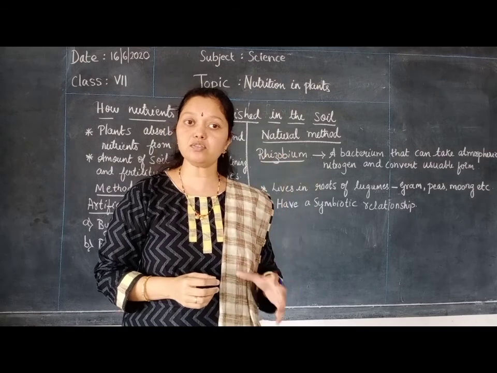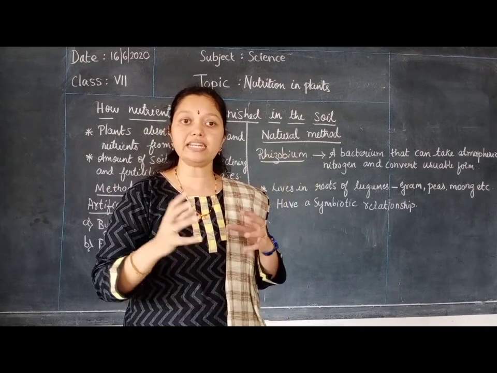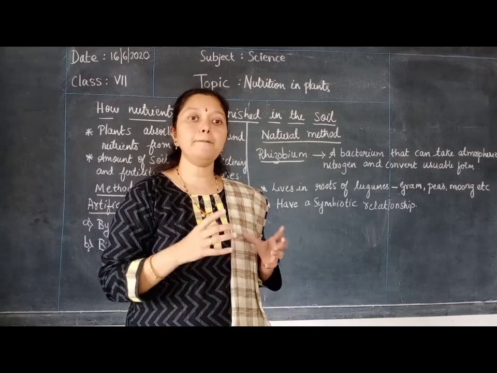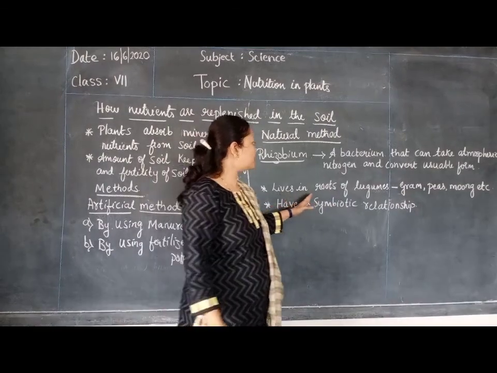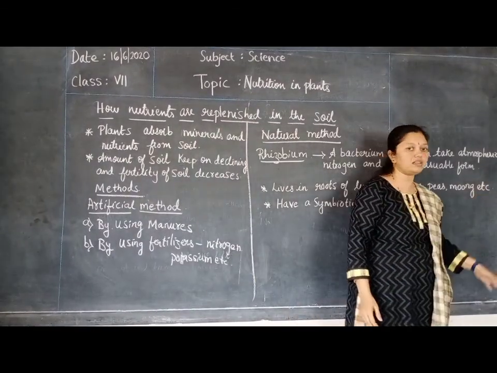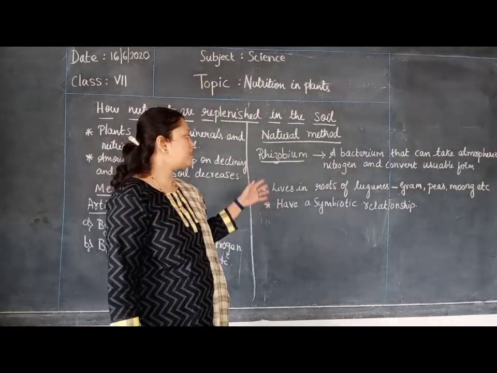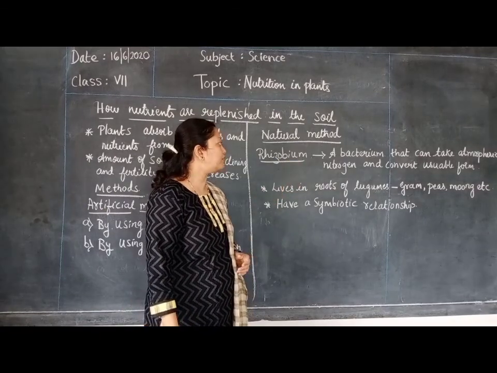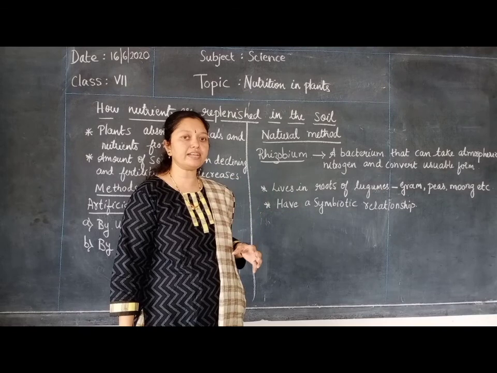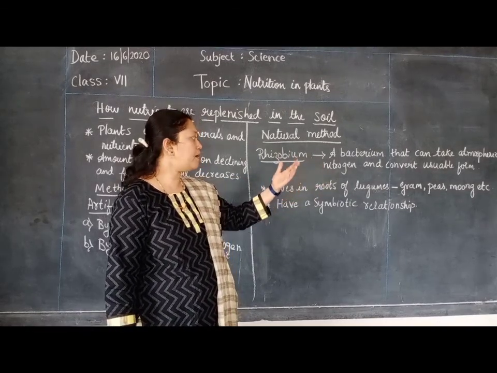Next, this Rhizobium bacteria cannot prepare its own food. For that sake it takes shelter in the nodules of the roots of plants. Which roots? It lives in the roots of legumes, for example gram, peas, moong dal, etc. These pulses are called leguminous plants, where the Rhizobium bacteria convert nitrogen into nitrates, a usable form for the plants.